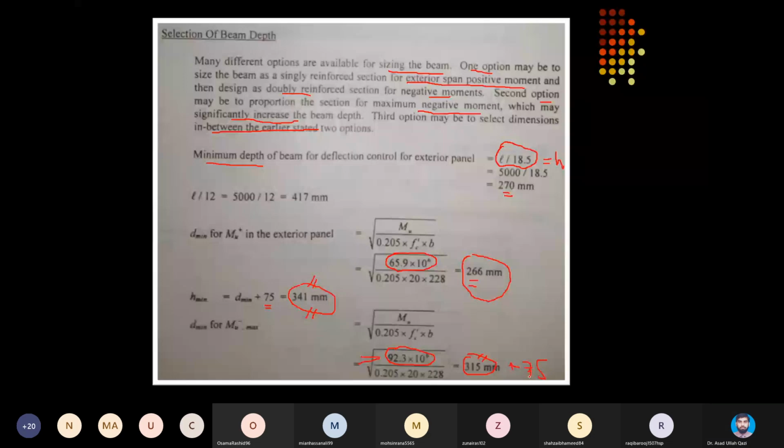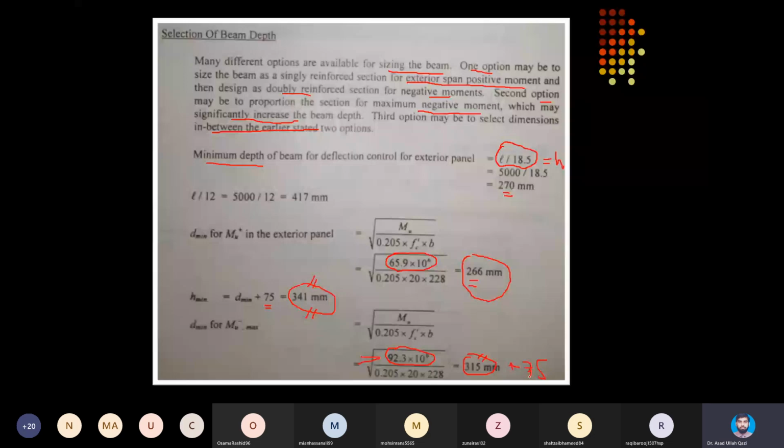Now this is theoretically estimated H, in which the beam stem below the slab will be 390, just to estimate how much is the beam stem then below the slab. So it means 390 minus 125.